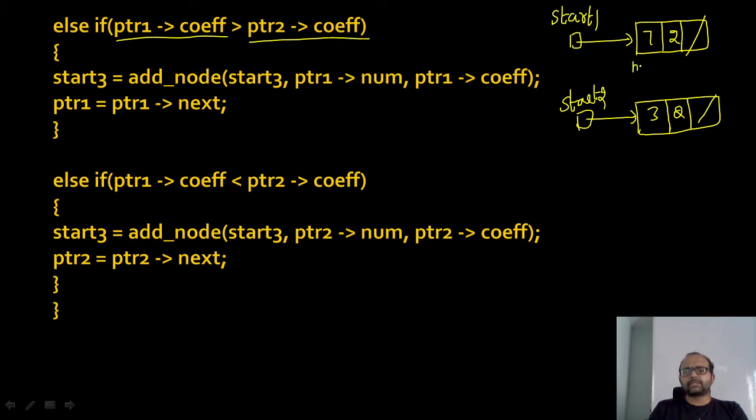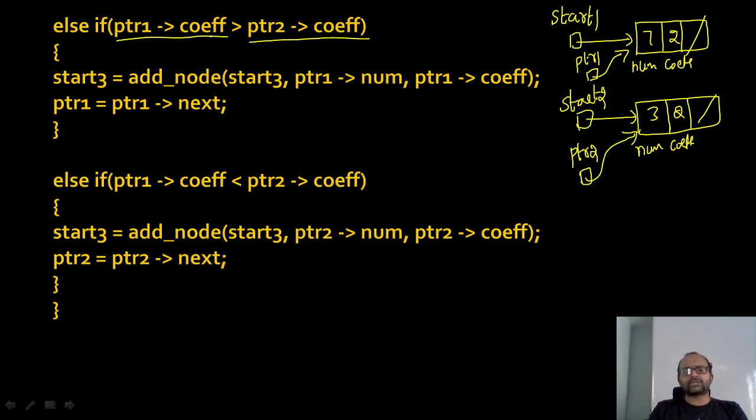So if you observe, this is number, this is coefficient, so this is number, this is coefficient. Okay, so start3 is equal to, now okay, based on this you can observe ptr1 itself is a pointer pointing to this node, and ptr2 will be a pointer pointing to this node.